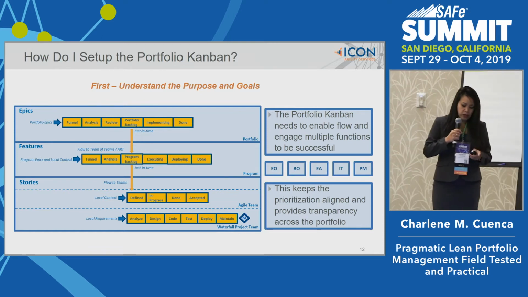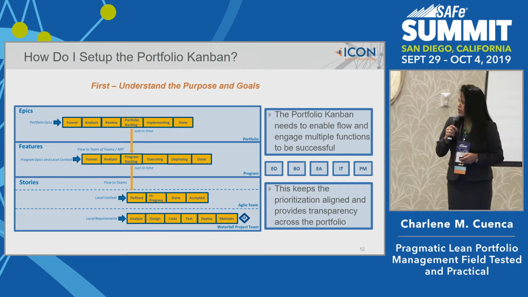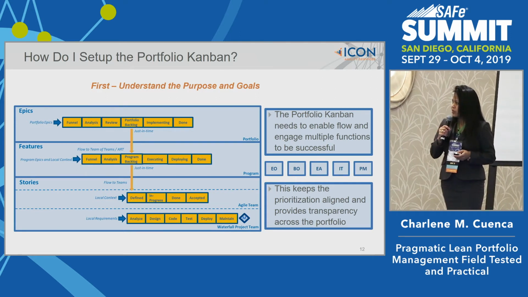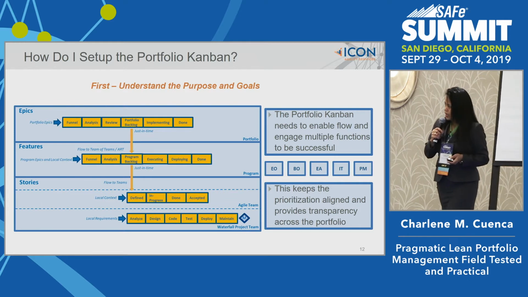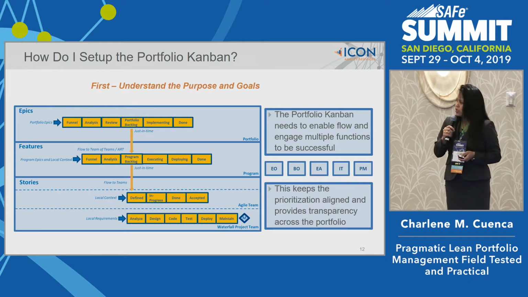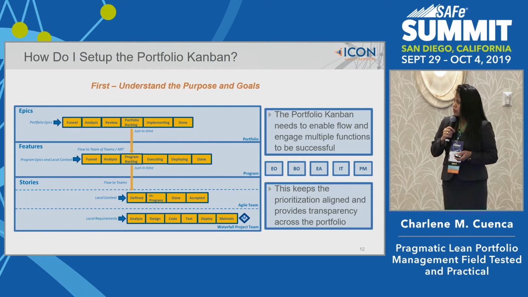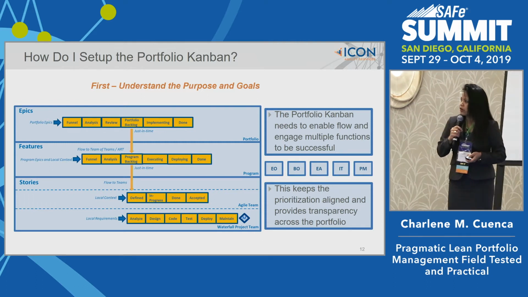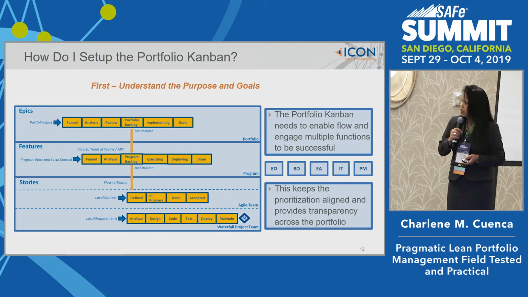So this is what makes the lean portfolio management competency an important one, because we need to make sure that that upstream process is explicitly defined and that we start thinking about what's best for our specific context so that we can provide that transparency and alignment as our trains are going through these cycles of planning.